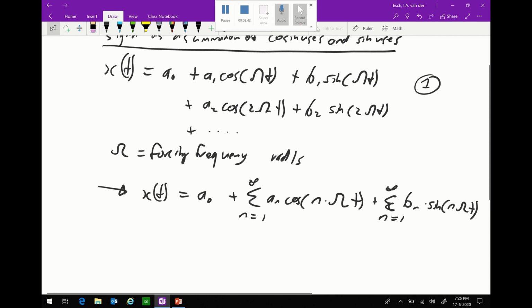So you can see that this equation has now been written in a more shorthand form with infinitely many terms.